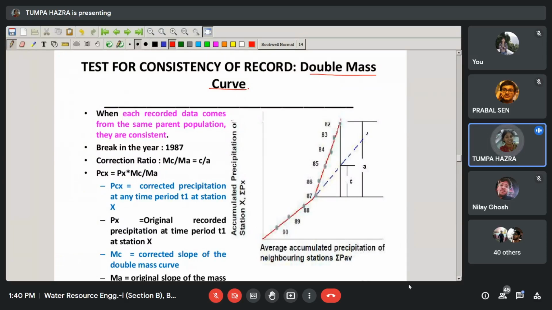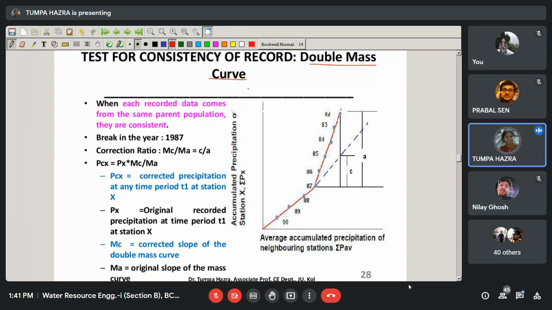Okay, so these are manual errors. Or there may be some shifting of the rain gauge stations, or some devastating calamities due to forest fire, landslides, etc. Then also the rainfall pattern may have changed.